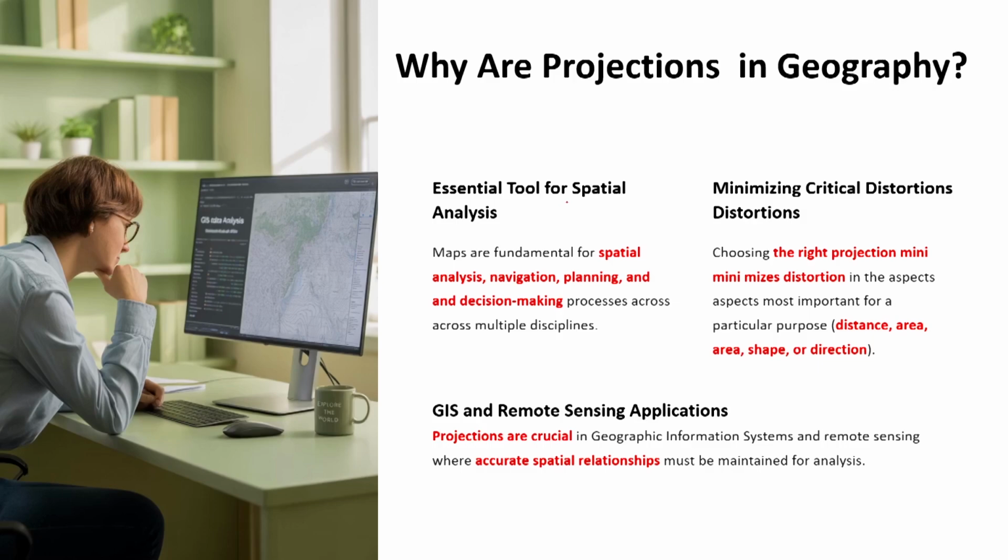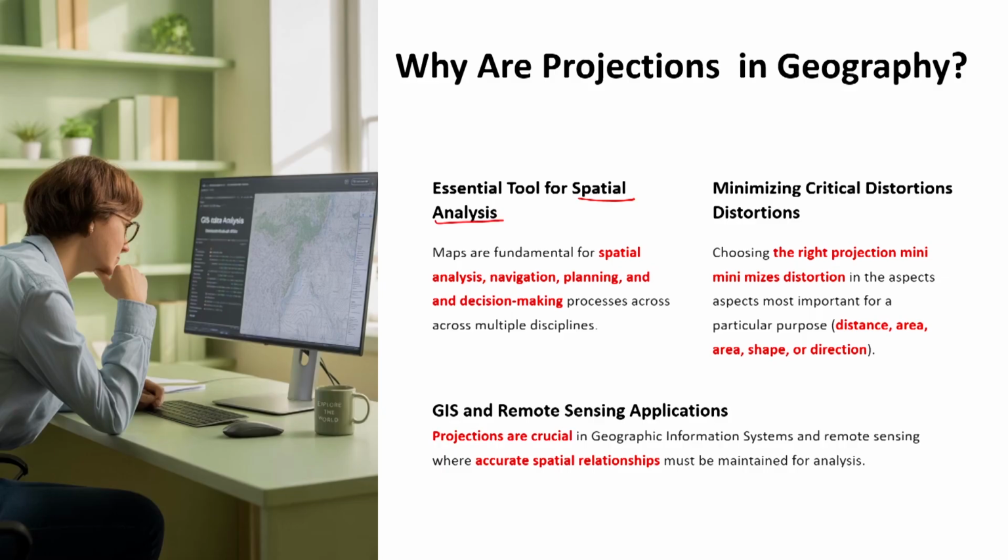That is the basic definition of map projections. Why do we need to project a map? Why do we have to use projection in geography? This is very important because geography involves spatial analysis. If you want to perform spatial analysis, you need to have some measurement and metric system, in terms of spatial analysis, navigation, planning or decision making.